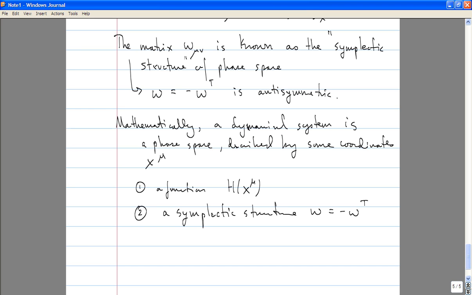Well, no, the Hamiltonian would be the same, but the relationships between the Q's and the P's would be different. So let's put it this way.